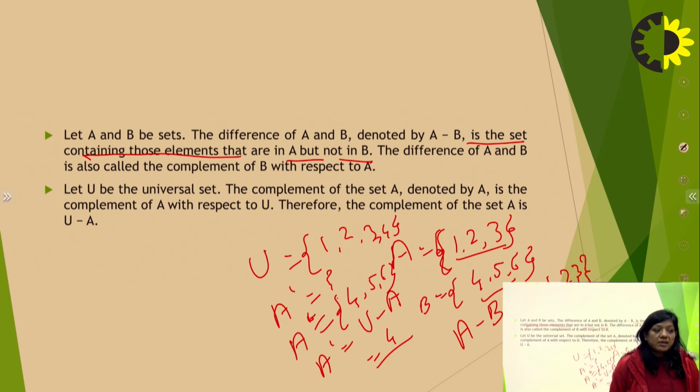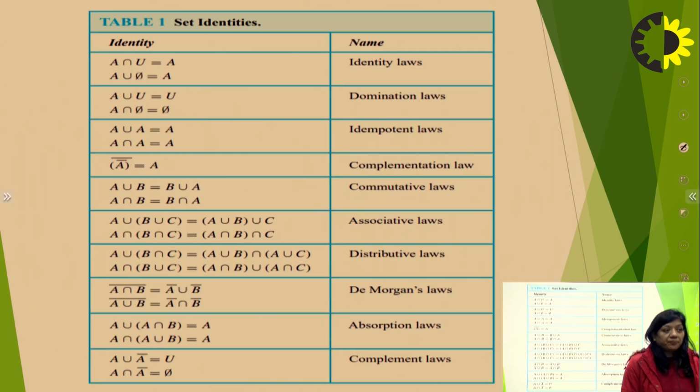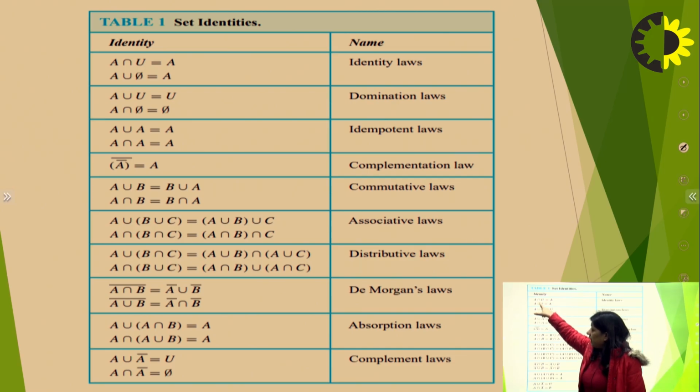So these are the basic and useful set operations which we are going to use in the next topics of discrete mathematics. Now, these are some important and basic laws by which we can solve identity problems. First one is the identity law. Identity law means A intersection U is equal to A.